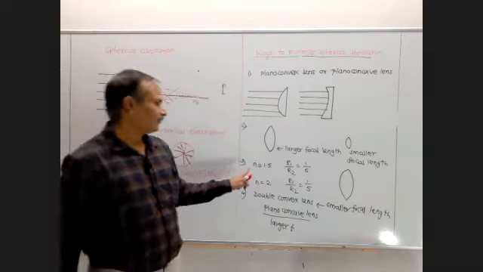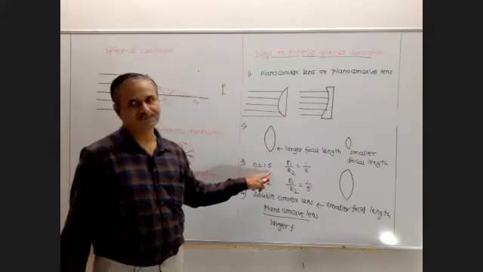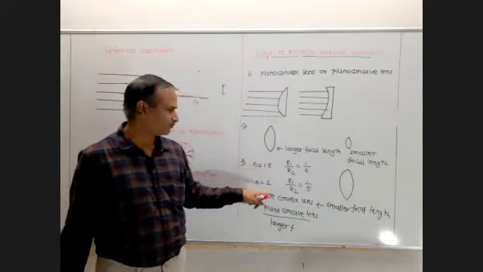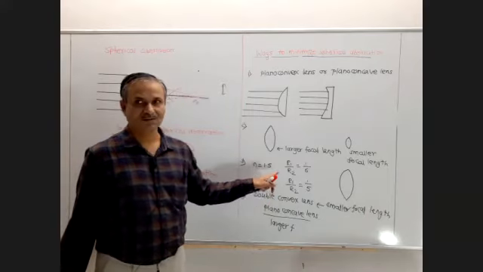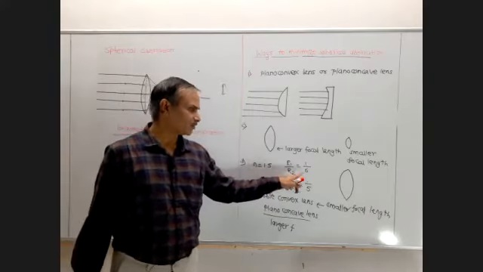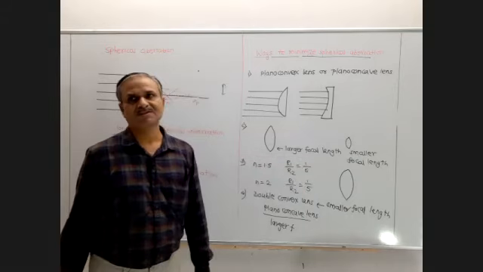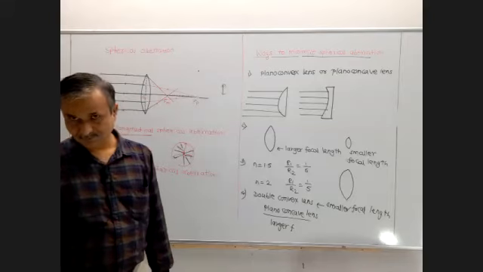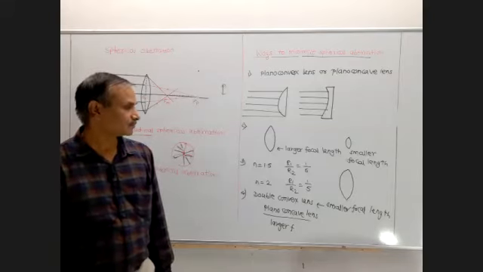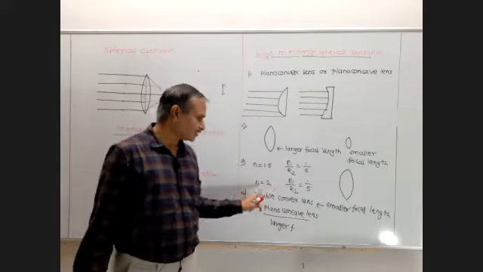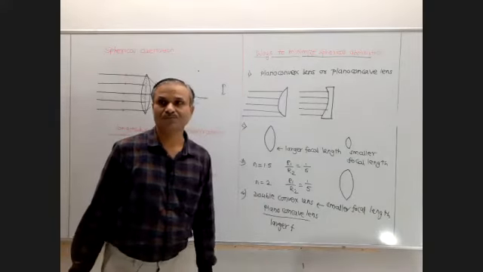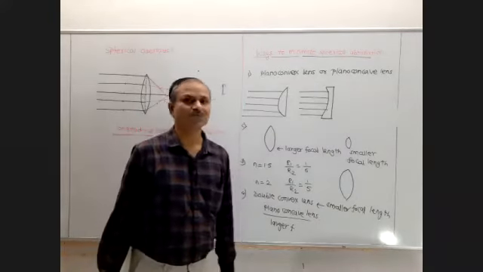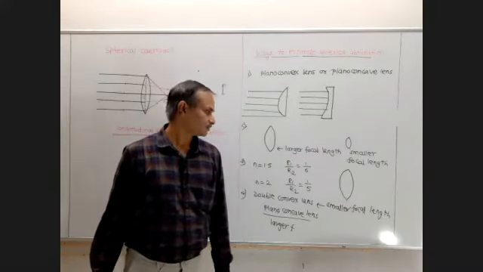In that, when n is equal to 1.5, r1 upon r2 is equal to 1 upon 6. And when n is equal to 2, r1 upon r2 is equal to 1 upon 5.